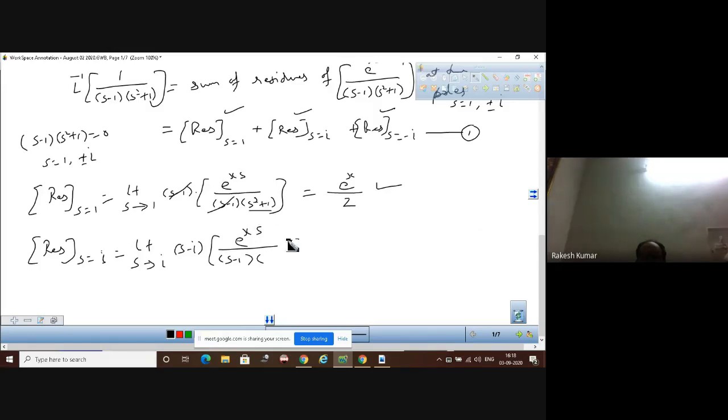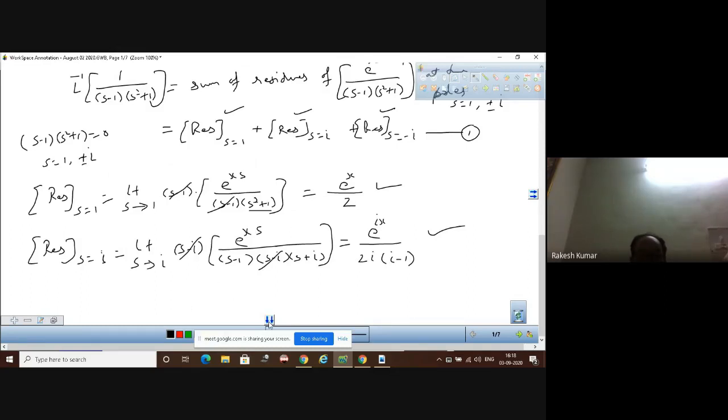Now this factor can be factorized like this: (s minus iota)(s plus iota), by using a square minus b square equals (a minus b)(a plus b), because we have to cancel the factor. For the limit s approaches iota, you will get e raised to power iota x upon 2 iota into (iota minus 1). This is your second residue.